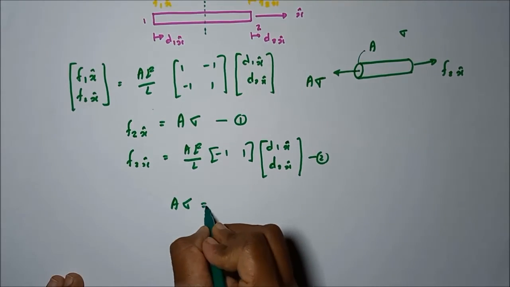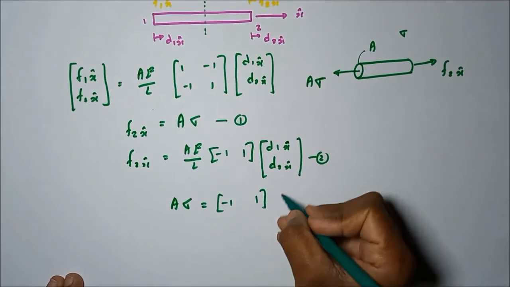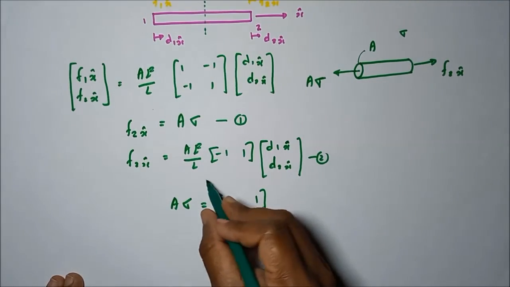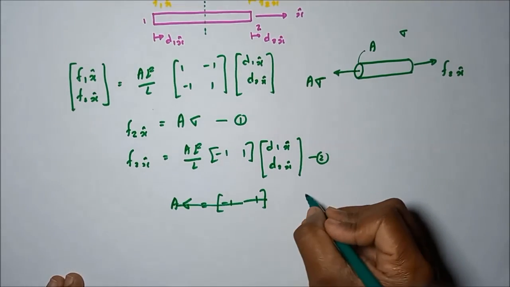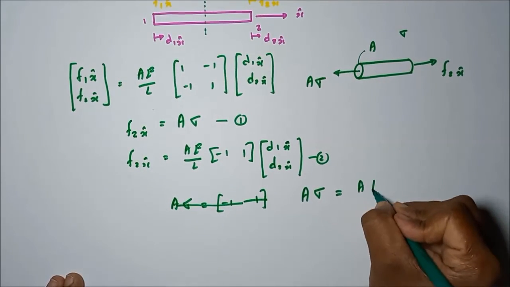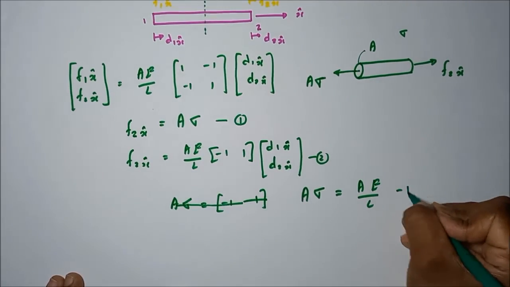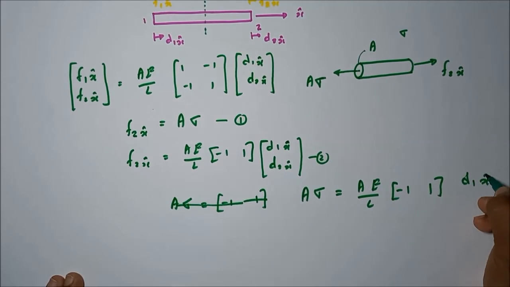A sigma is equal to AE divided by L times [-1 1] times d1 x hat, d2 x hat.